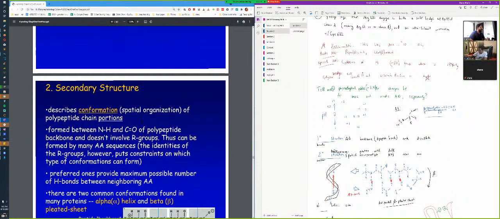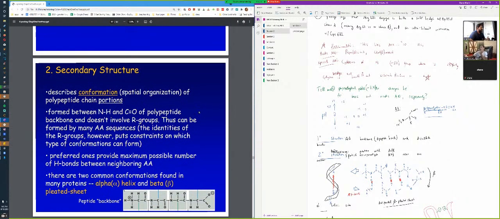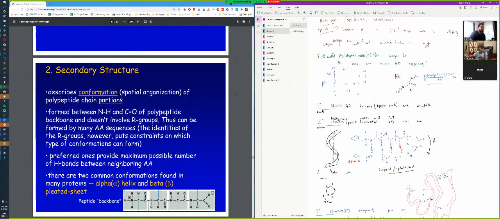Now, secondary structure essentially gives you an idea of spatial organization. So I wrote the spatial arrangement of amino acids when they're near one another. There's an alpha helix, which I drew over here.